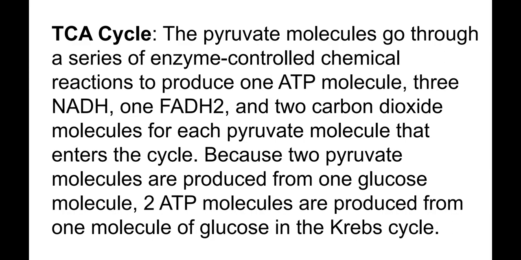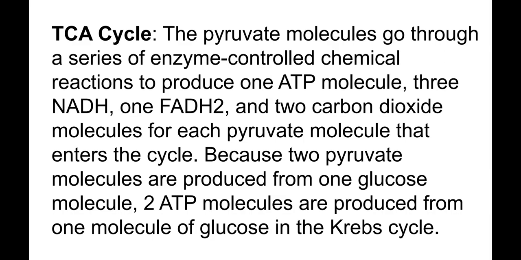Then the Krebs cycle, or citric acid cycle: pyruvates go through a series of molecules, through chemical reactions, and produce 1 ATP molecule per 1 molecule of pyruvate.